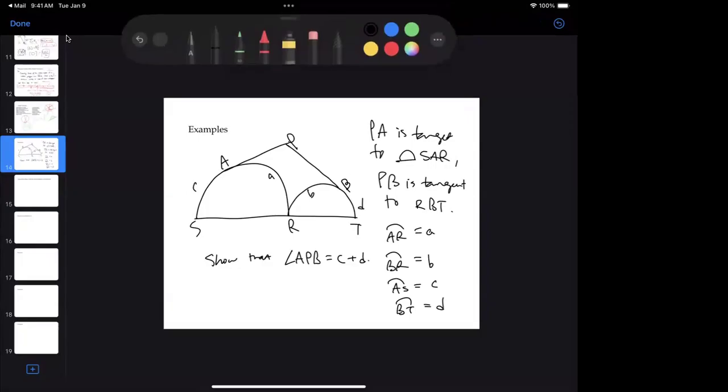A hint I would say is to connect the points A and B to the centers of the circles. So call them points C and D. And that forms a polygon. So try to do something with angles.